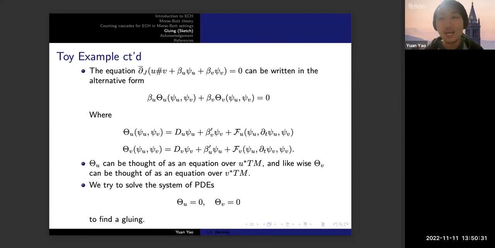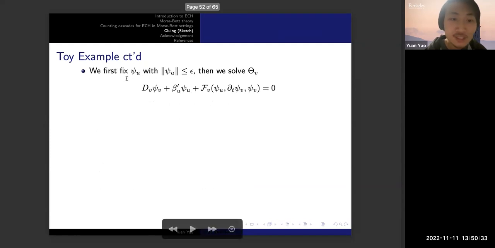I'm going to solve them one by one. First, I'm going to fix psi of u to be small. Then I'm going to solve theta v. So theta v, I should now think of as an equation with independent variable psi of v, and psi of u is already fixed. And theta v is now an equation over the trivial cylinder v.